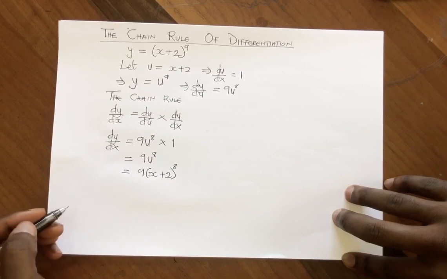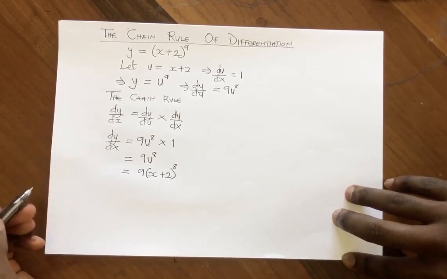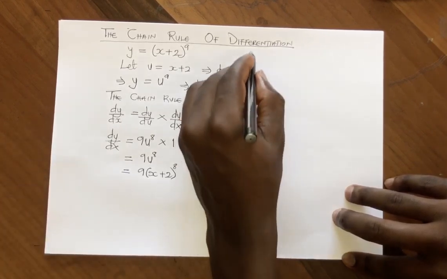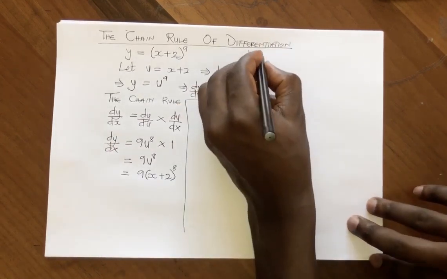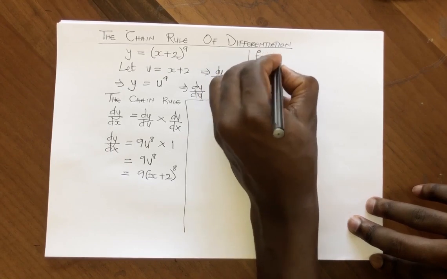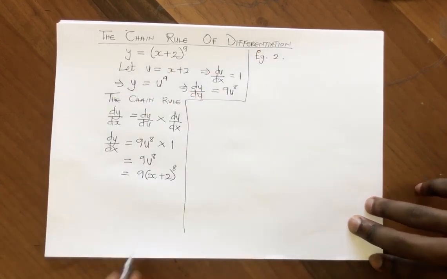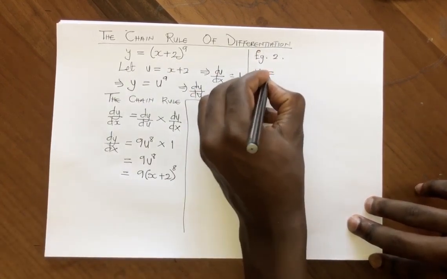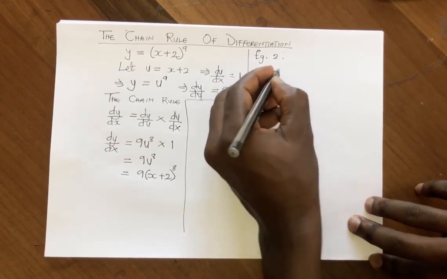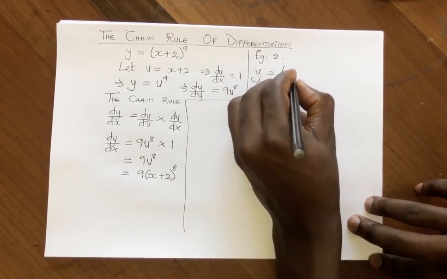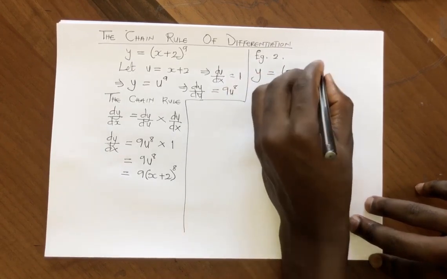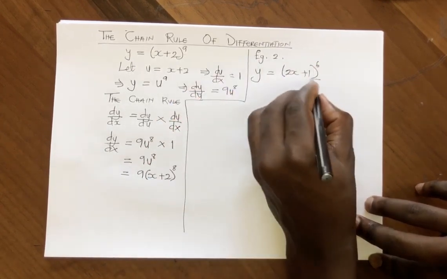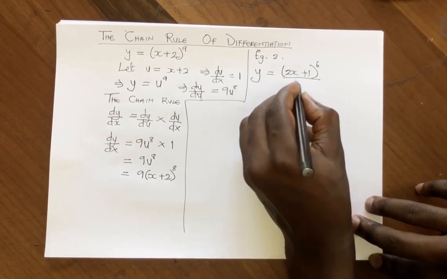So this is what the chain rule is all about. So let's solve more questions and see how this is done. So the second example, example 2. What do we have? We have y is equal to (2x + 1) raised to the power 6 over 3.